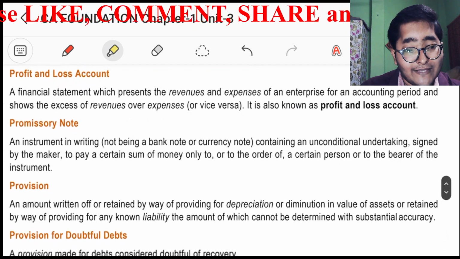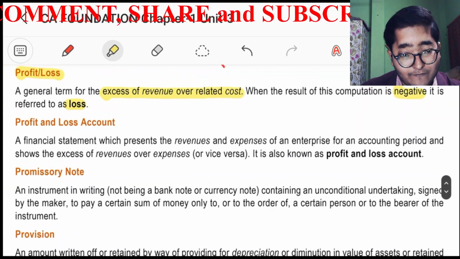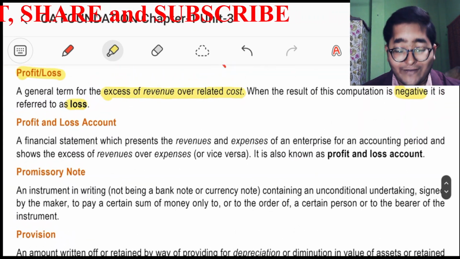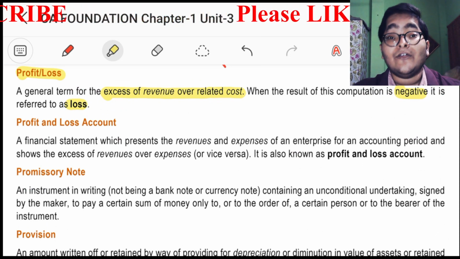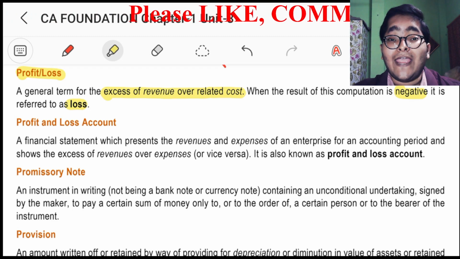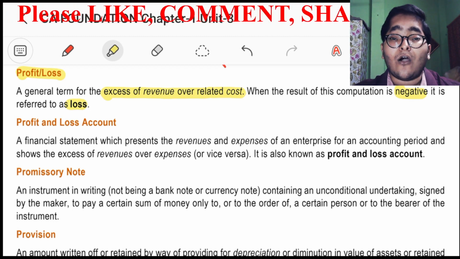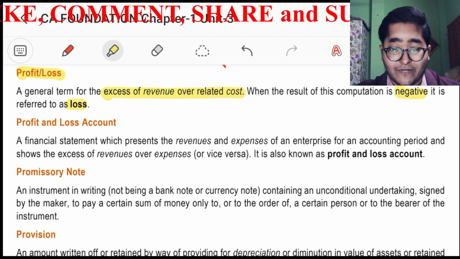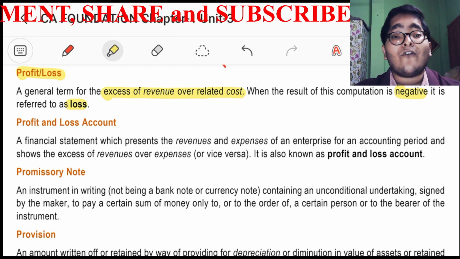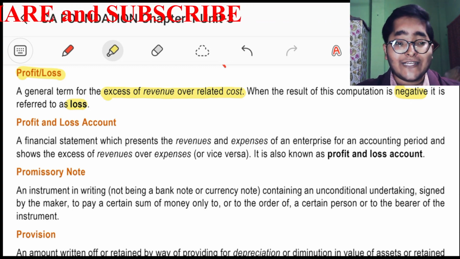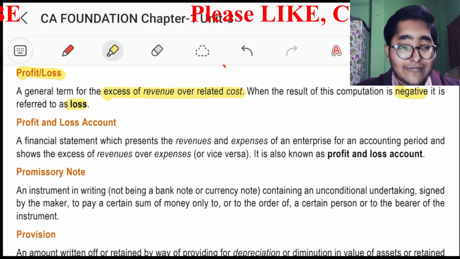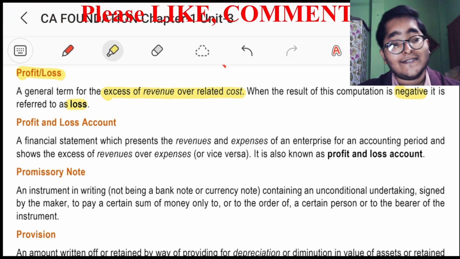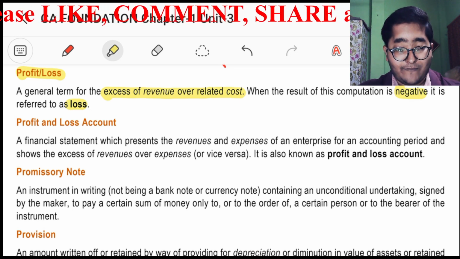So our next topic is profit and loss account. So what is a profit and loss account? In the previous video, in the part 4 video, we have discussed the income and expenditure statement of a not-for-profit organization. Similarly, for a profit-oriented organization, that income and expenditure account is called the profit and loss account.